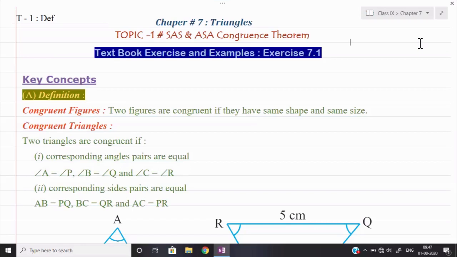If you compare them, you will find they are exactly the same. For example, if you see the benches of your class, one bench is congruent to another if they are not of different sizes. Then we can say they are exactly the same size and same shape.